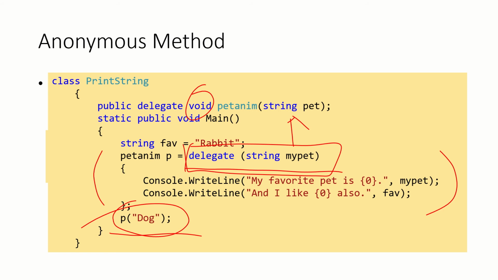If you want to declare another method which relates to this pet animal delegate, you can do the same thing. Okay, this saves you a lot of time and makes your method more compact, because you don't have to write the access modifier and return type again and again.